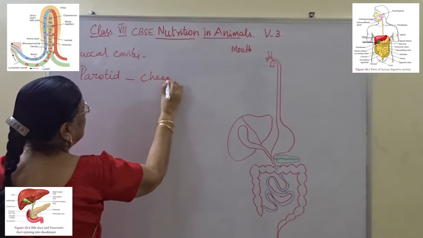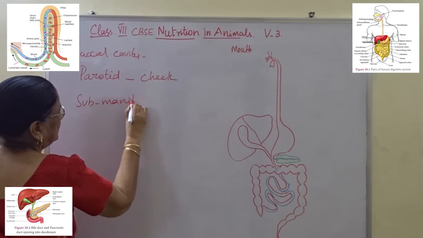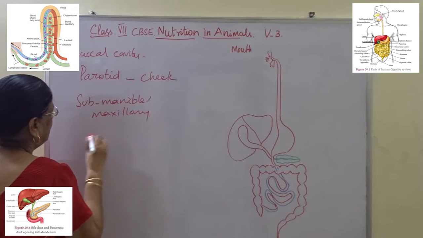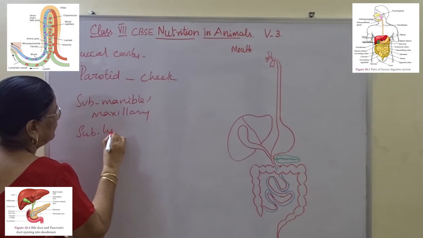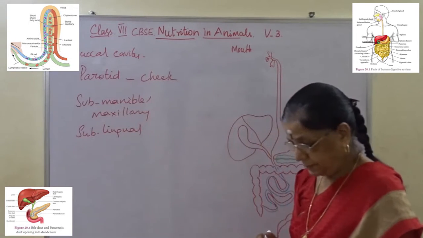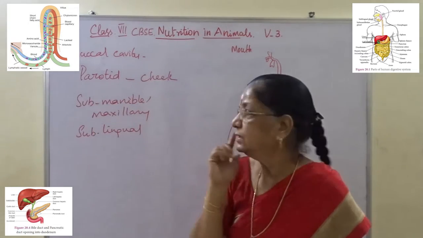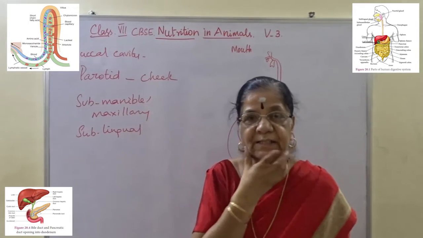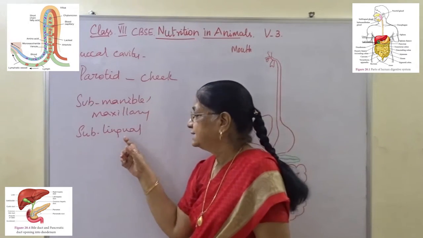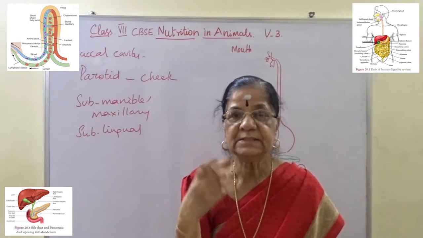Parotid, present in the cheek portion. Then submandibular or submaxillary, and sublingual. So the 3 pairs of salivary glands: parotid in the cheek portion, submandibular or submaxillary in the angle of the jaw, and sublingual beneath the tongue. So salivary glands are located in these regions.